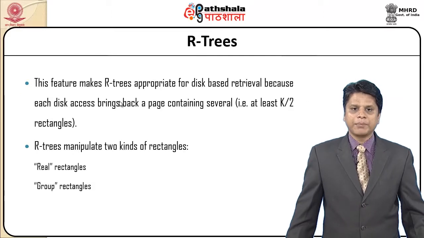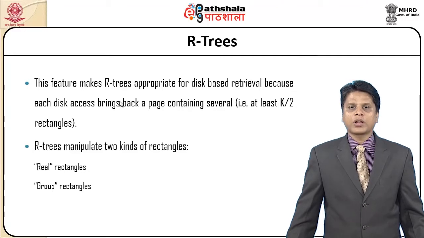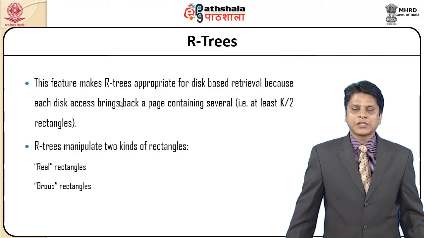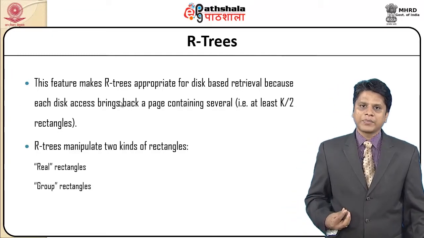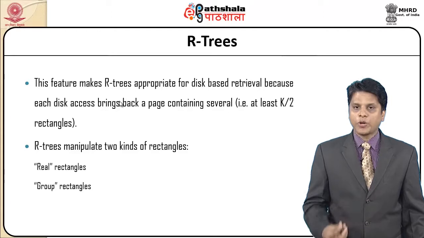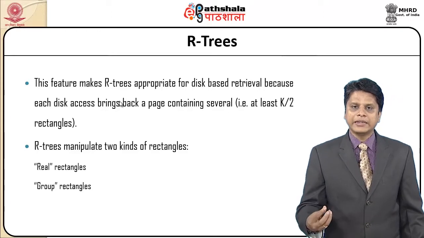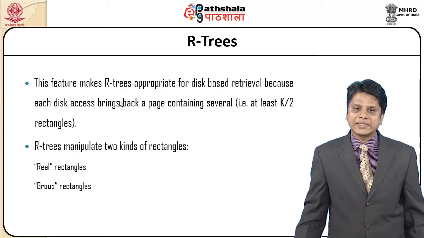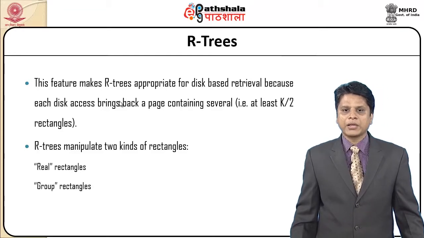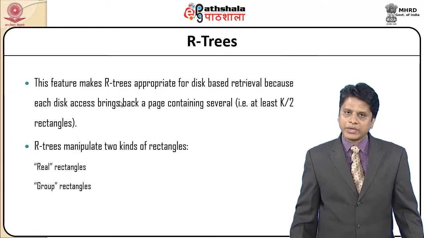This feature makes R trees appropriate for disk-based retrieval. Whenever I want a shorter retrieval period, I will access the disk appropriately, and the access time gets reduced, because each disk access brings back a page containing several, or at least k/2, rectangles.